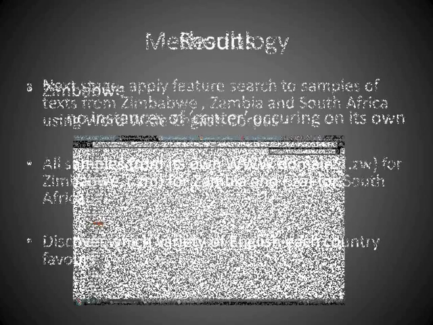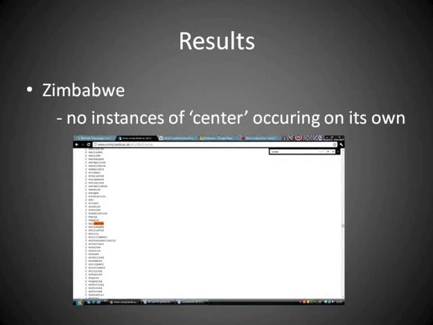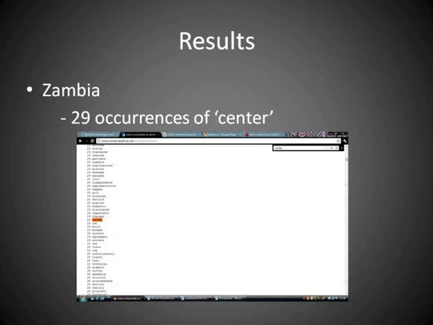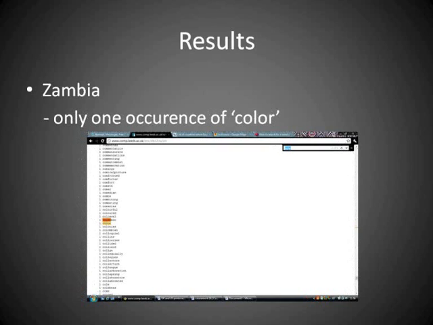My results are as follows. For Zimbabwe, there were no instances of centre occurring on its own. Additionally, there was only one instance of the American colour. For Zambia, there were 29 instances of centre, but only 1 instance of colour.